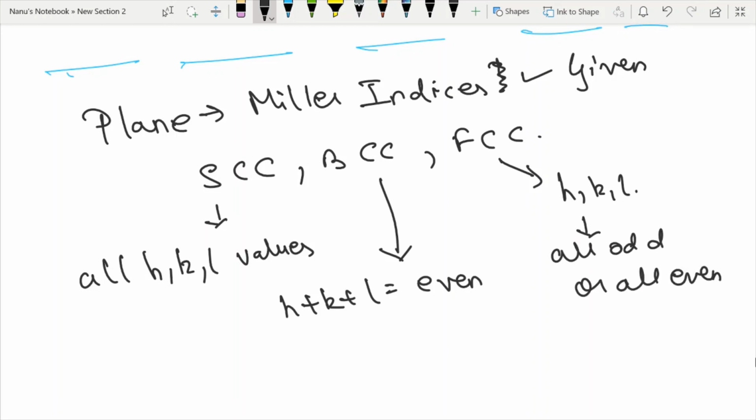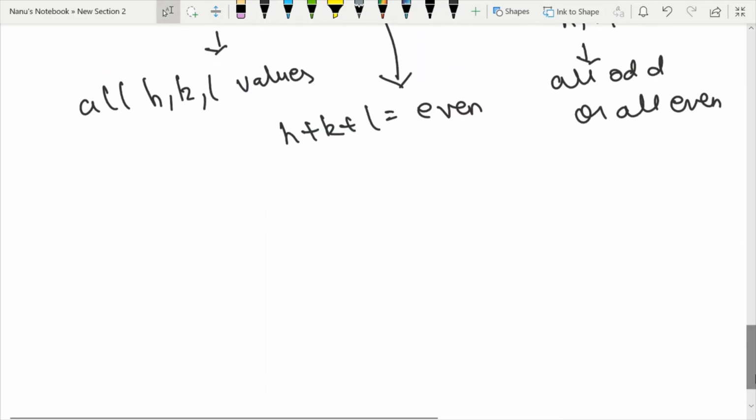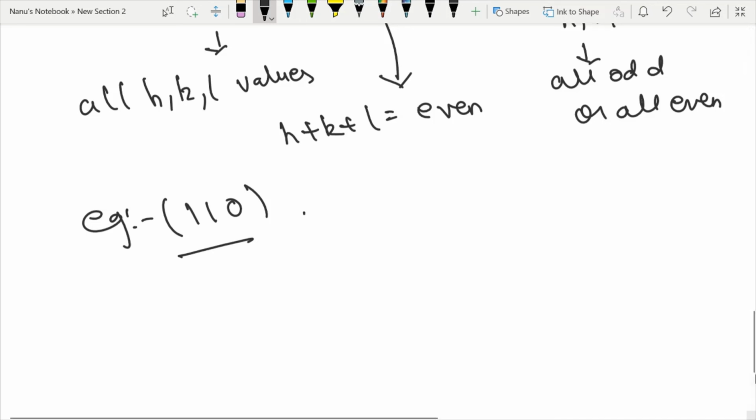So suppose they give you a plane, for example 110, right? You have to say whether this is SCC, BCC or FCC. The answer is SCC will be there because it is valid for all HKL values.